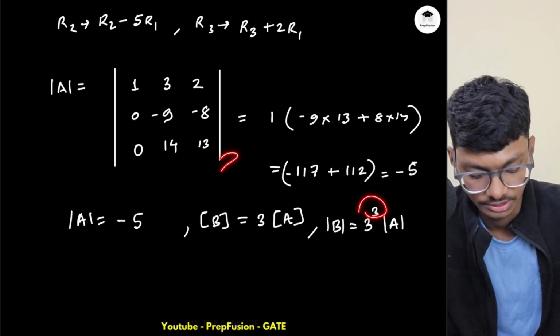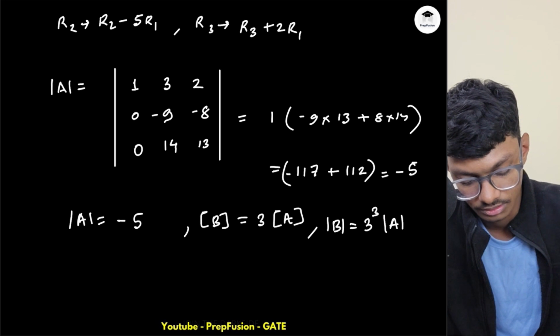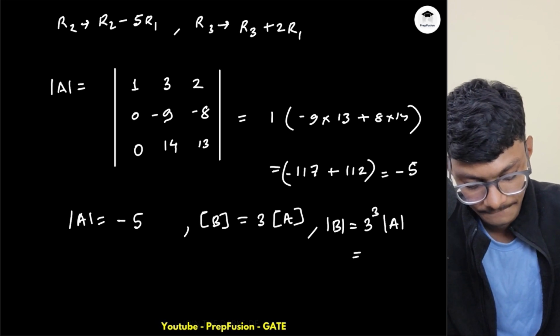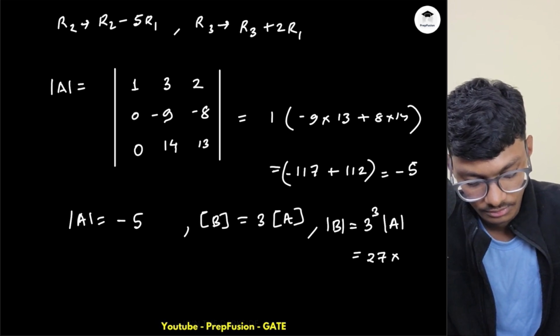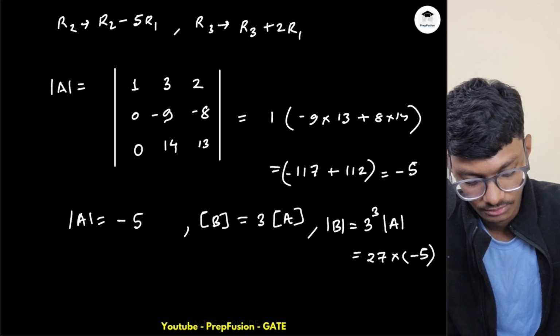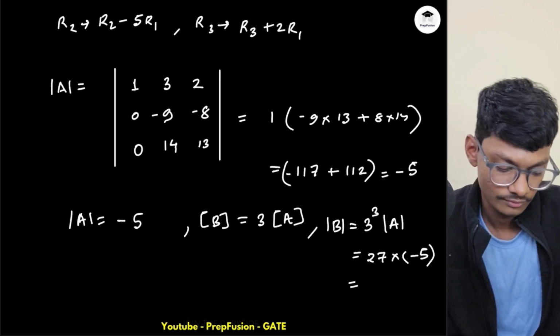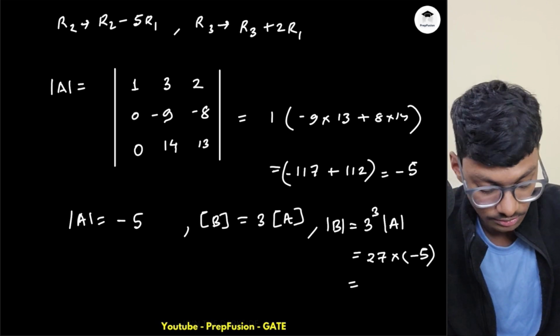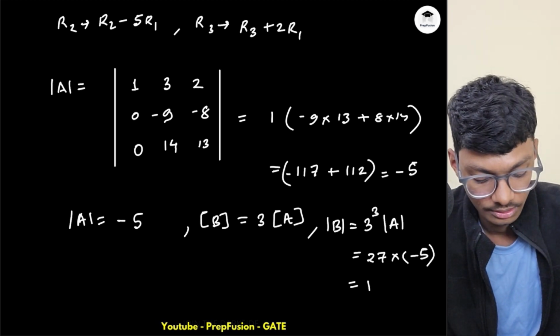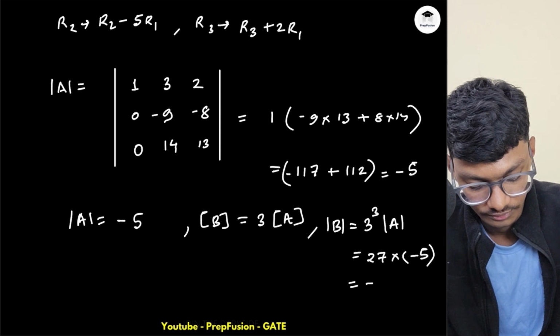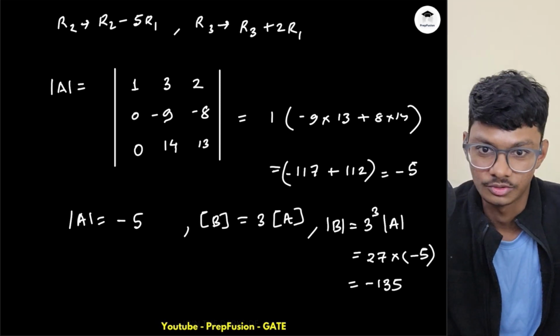So this will be 27 into minus 5, which is minus 135. This is actually quite a lot.